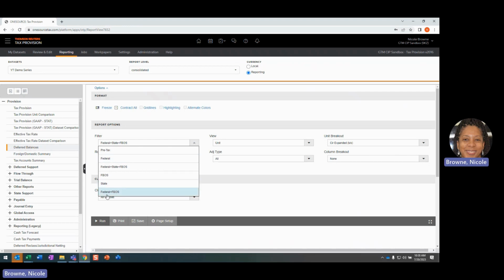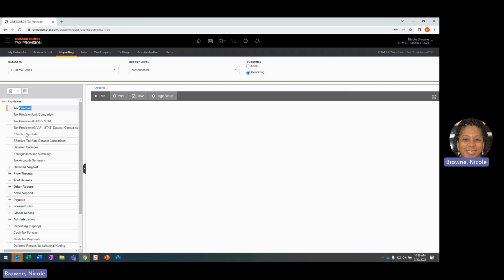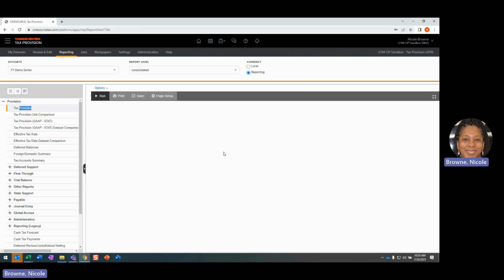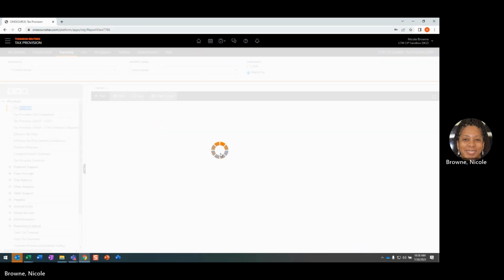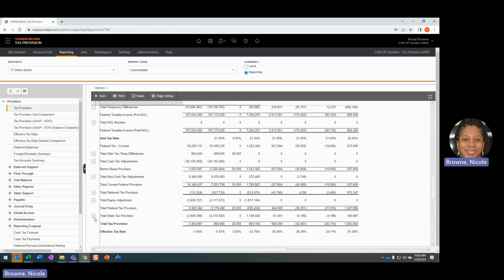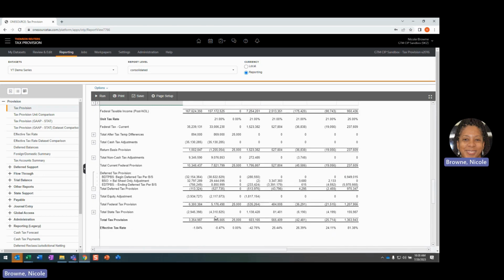Right now it's attached to my federal plus FBOS. So if I run my tax provision report currently, my unit breakouts, and I'm going to run it, just collapse here and go directly to the deferred area.